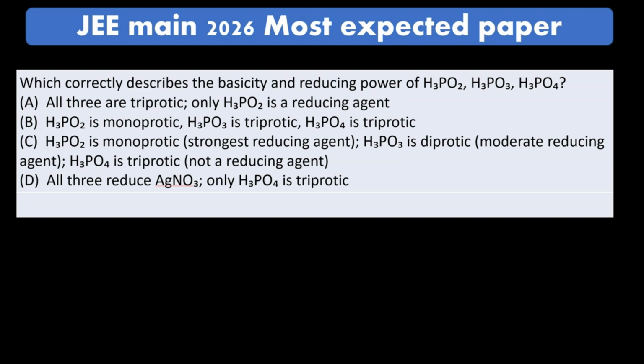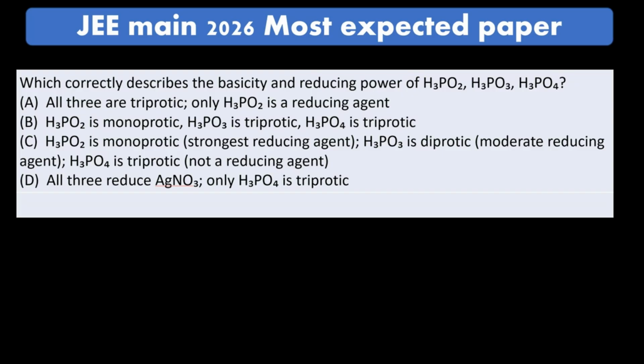Which correctly describes the basicity and reducing power of H3PO2, H3PO3 and H3PO4? Okay. Now, what are the options given over there? Option A: all three triprotic, only H3PO2 is a reducing agent.